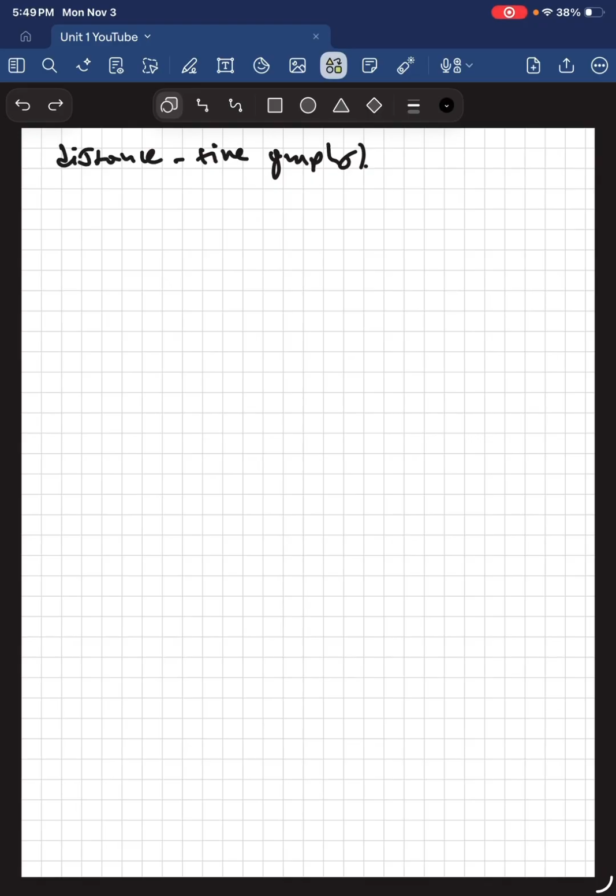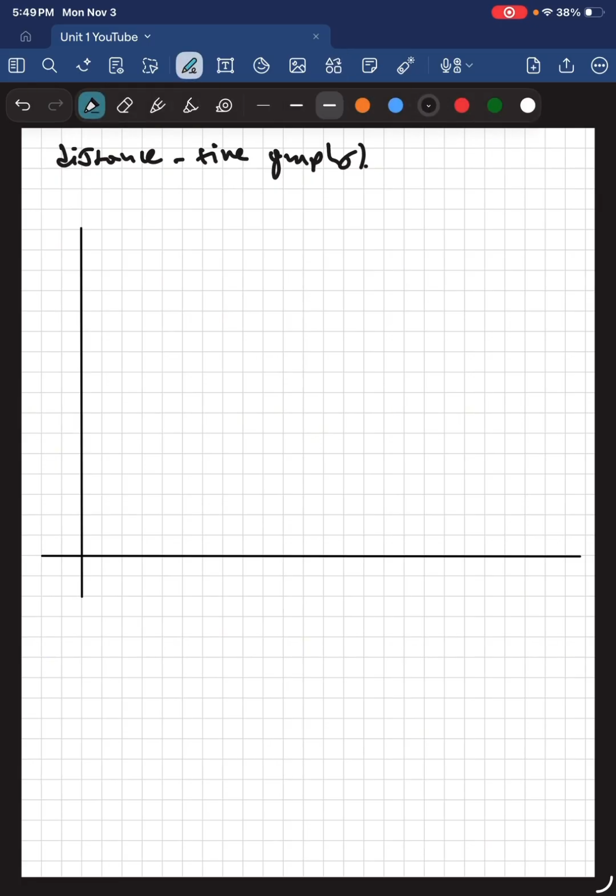So I need a graph. I need a line there, and I need a line down here. It's not straight. Let me try to do a better job. Okay, good. Let me revert back to my pencil. So I have two axes. Let's call this S and let's call this T. I need to somehow have space for 40 meters, so 10, 20, 30, 40.